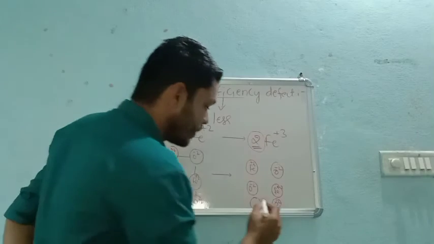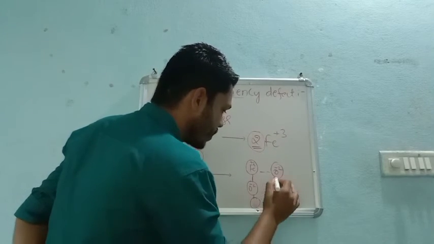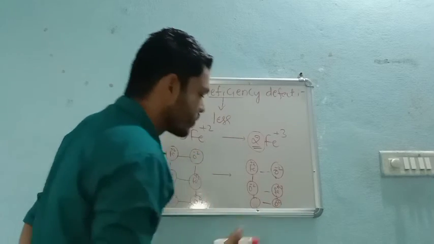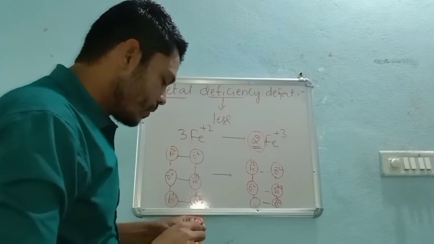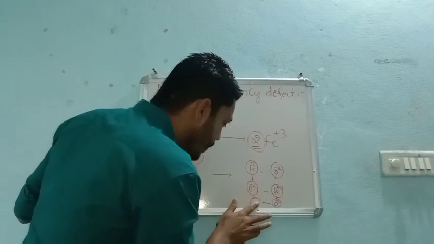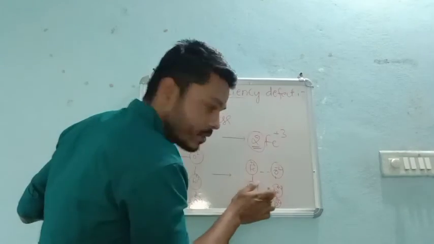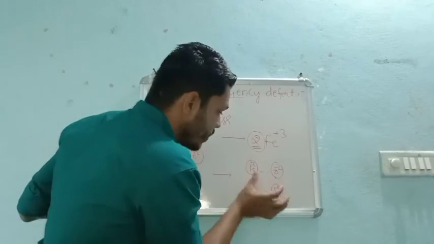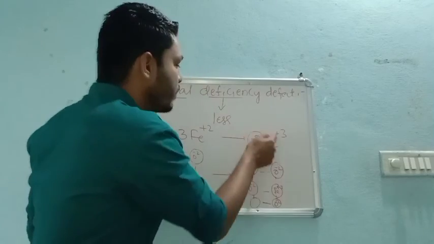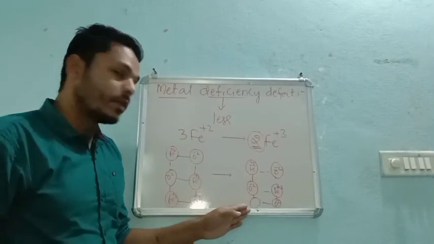See here, charges are the same. Very important, see this diagram. Very easy, now you can easily understand. Charges are equal, but what happened? Because of the plus 3 charge, plus 3 plus 3 is 6, plus 6 and minus 6. And now one metal has escaped.